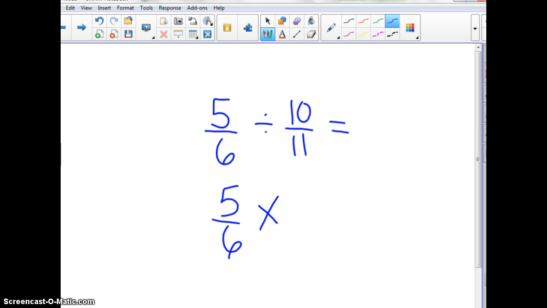You flip the 11 and 10. Can we cross-check anything? Yeah, the 10 and the 5. What goes into both of those? 5. 1 time, 2 times. So we have 11, 12. That's it. Done. 11/12. We know that's simplified because it's only 1 apart. How many of you got that one right? Awesome. Good job.